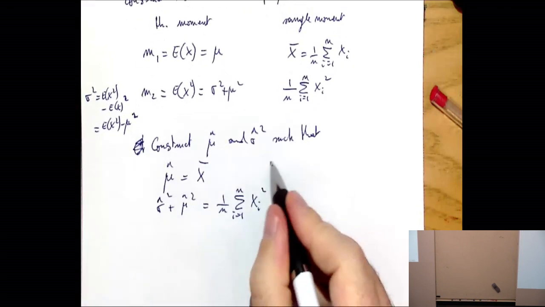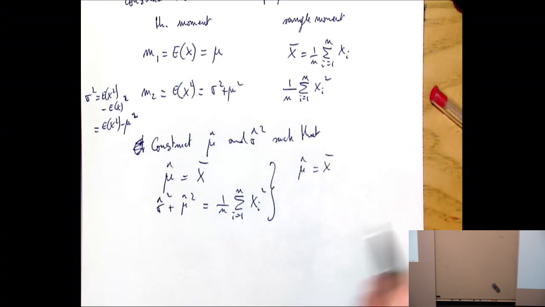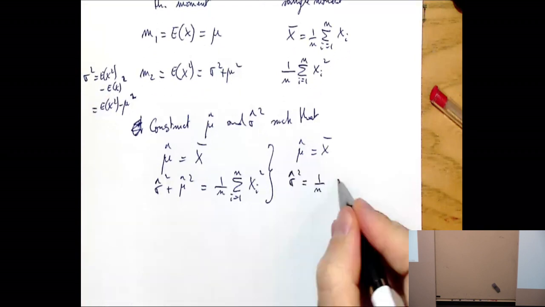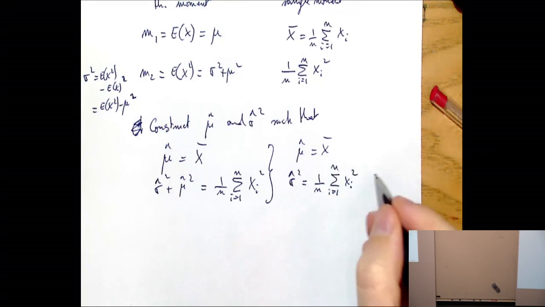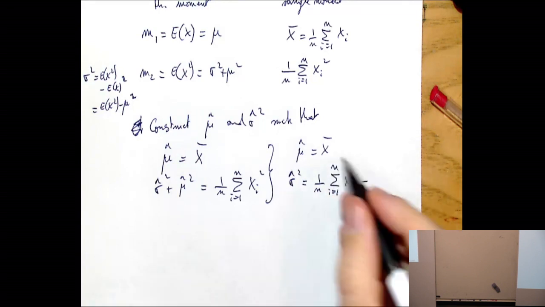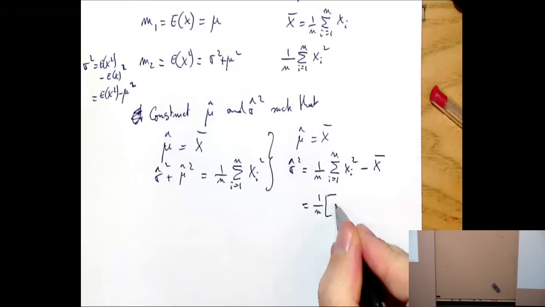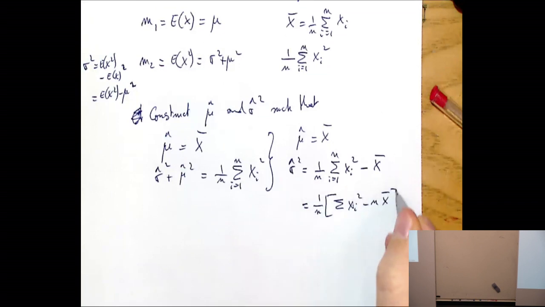Right, so from this, what you get is that the estimator of mu is indeed equal to the sample mean, and the estimator of the variance is 1 over n sum from 1 to n of xi squared minus the sample mean. Or in other words, you can write this as 1 over n sum of xi squared minus x bar times the sample mean.